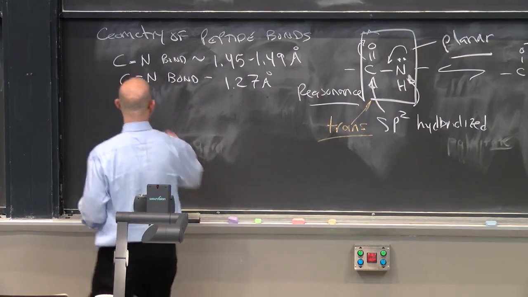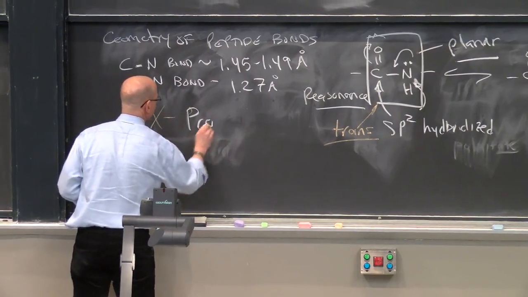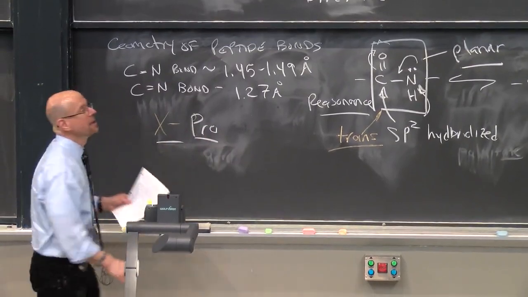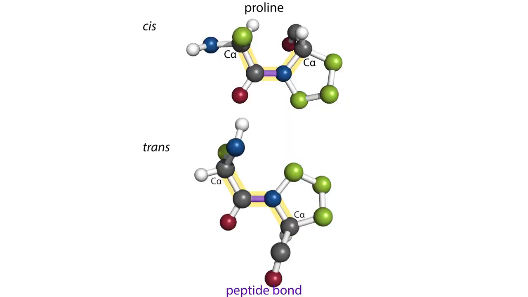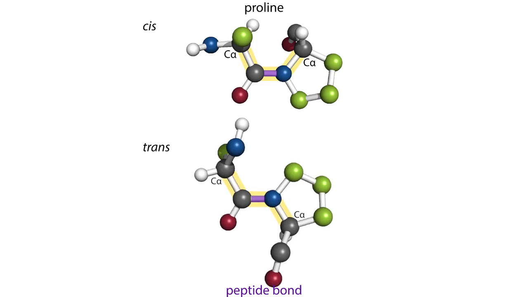So if I have X amino acid bound to proline, as I will show you shortly, because the side chain of proline comes back around on itself, there's not that much difference between the cis configuration and the trans configuration. So bonds with proline sometimes are not in the trans configuration. Sometimes they're in the cis configuration.